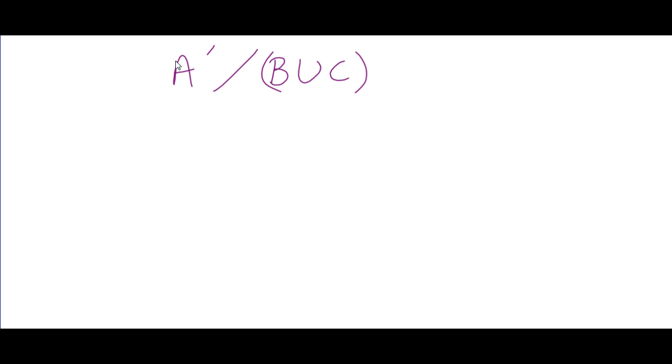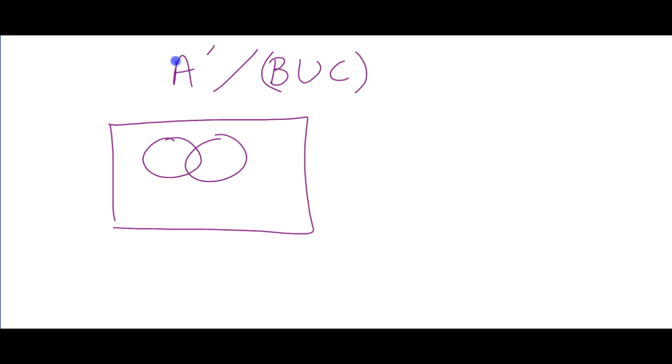So we're going to start this one with the brackets. We're going to go the union of B and C. So the union of B and C, what am I shading?